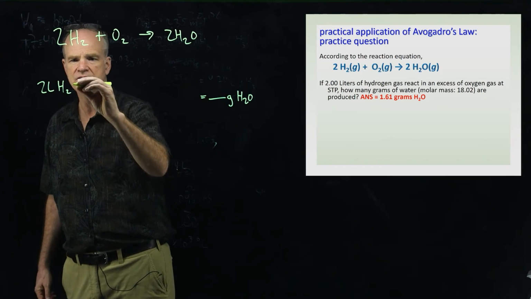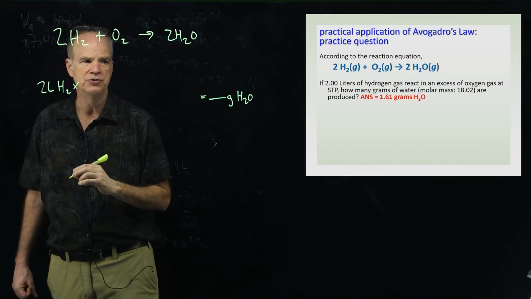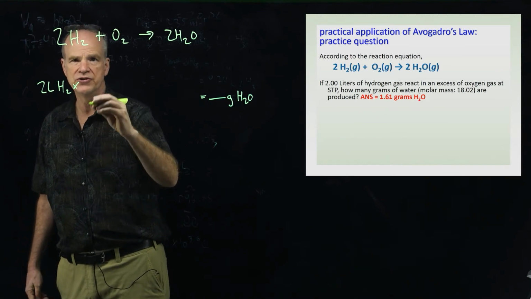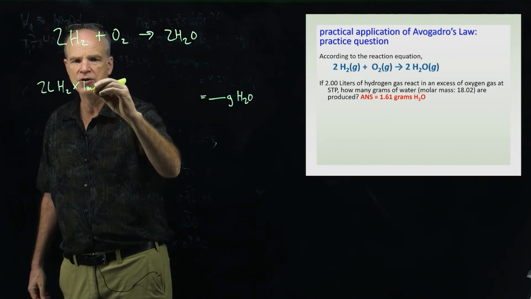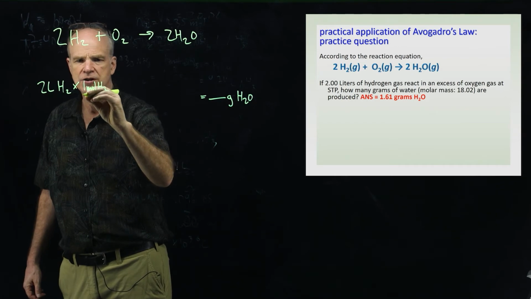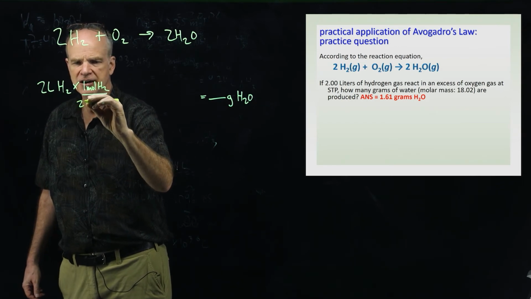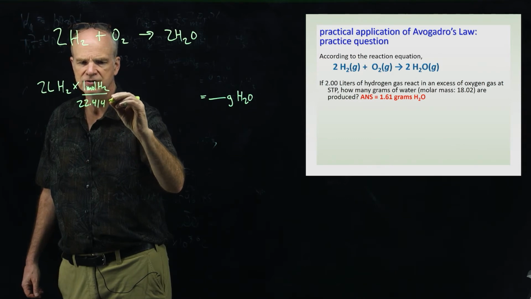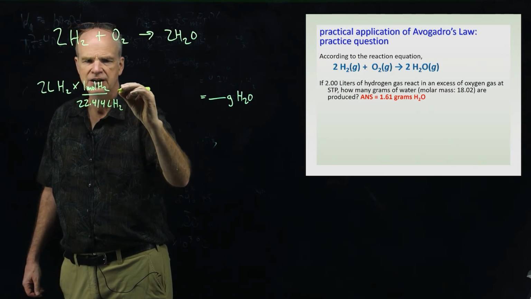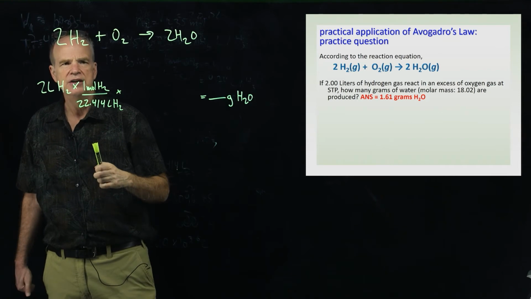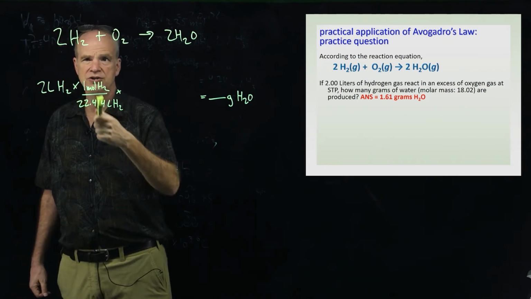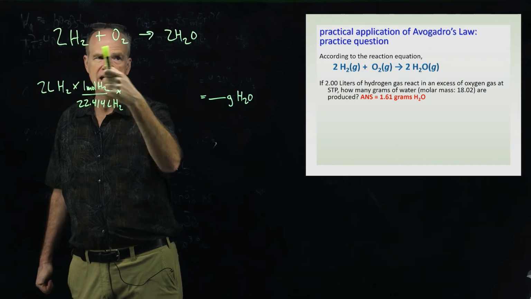Here we want to get this into moles of hydrogen. So it's 1 mole of hydrogen over the volume that this occupies at standard temperature and pressure, which is 22.414 liters of hydrogen. That's fine. Now that we have moles of hydrogen, we can convert this to moles of water using the ratio of 2 moles of hydrogen to 2 moles of water.